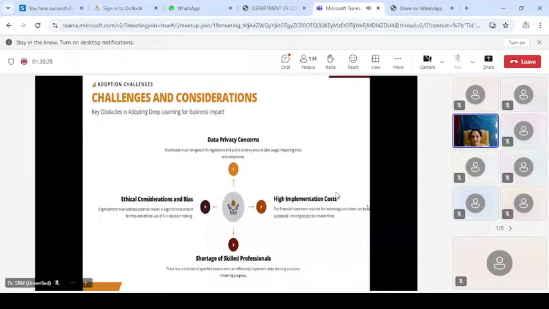Now, this gap in talent is slowing down the development and deployment of deep learning systems. To bridge this gap, organizations can invest in training and upskilling their current employees, maybe through educational programs, certifications, collaborating with academic institutions and engaging in industry partnerships. All this will help in cultivating a skilled workforce.